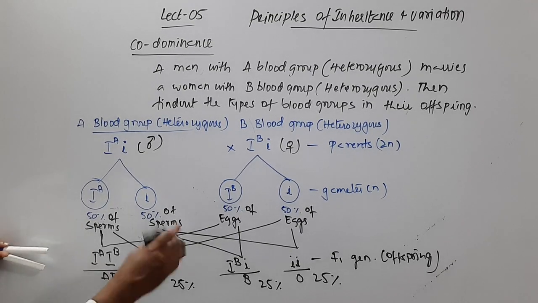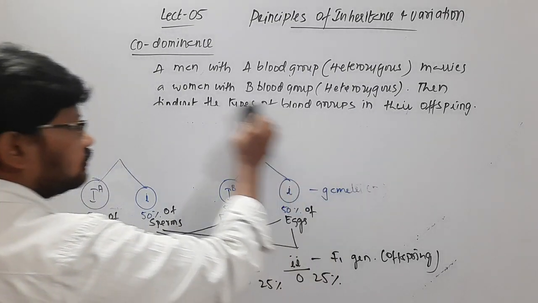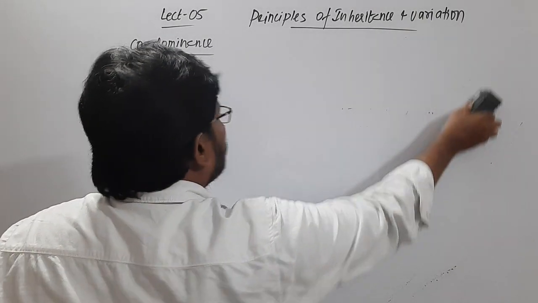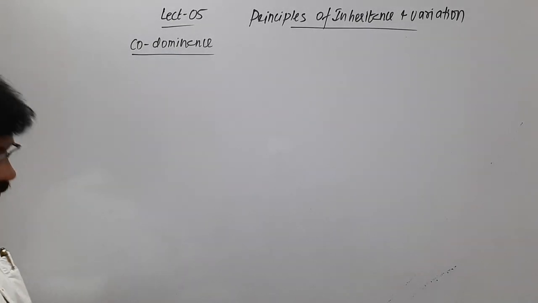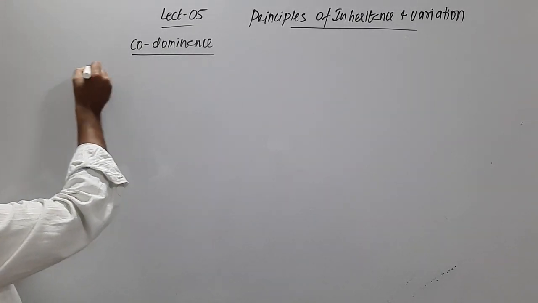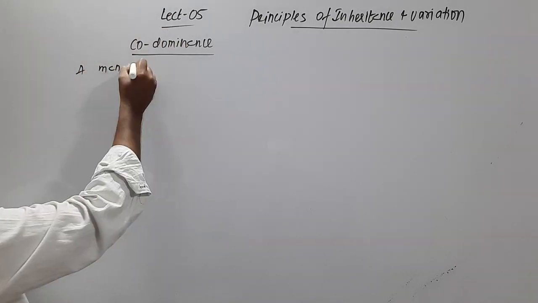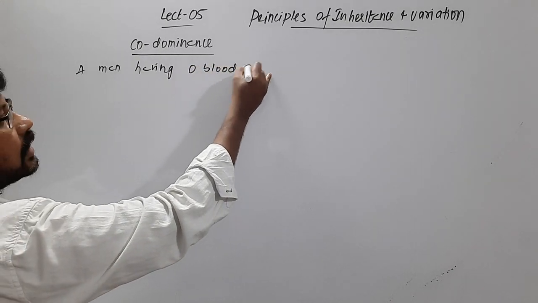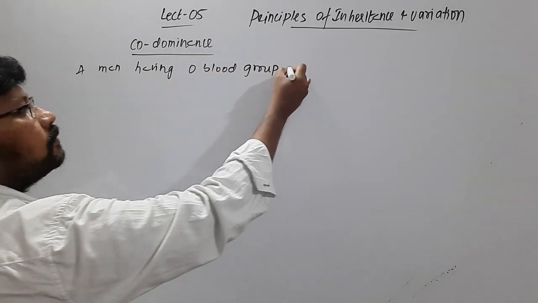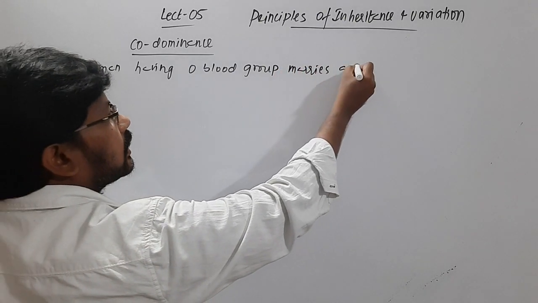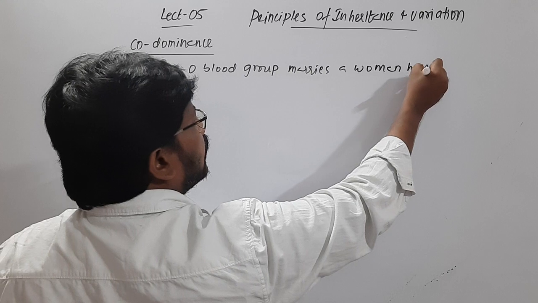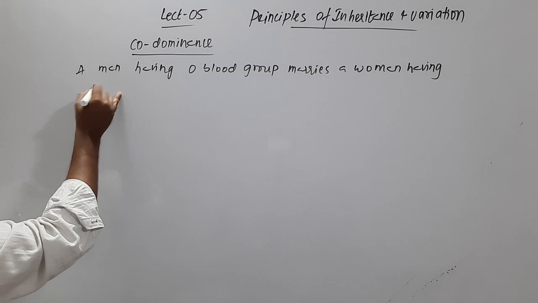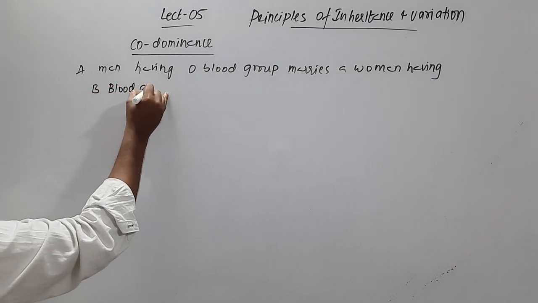So I'll take one more example to understand better. Here a man having O blood group marries a woman having B blood group.